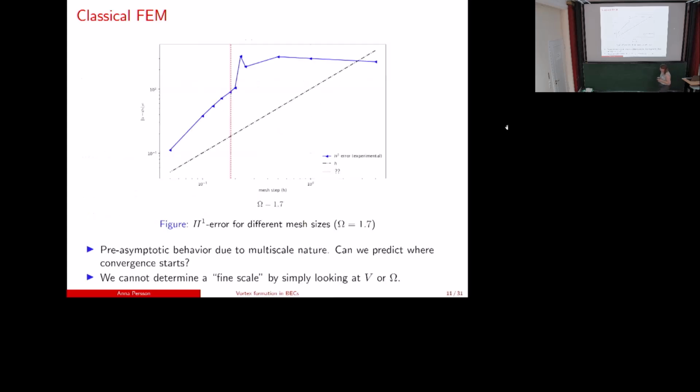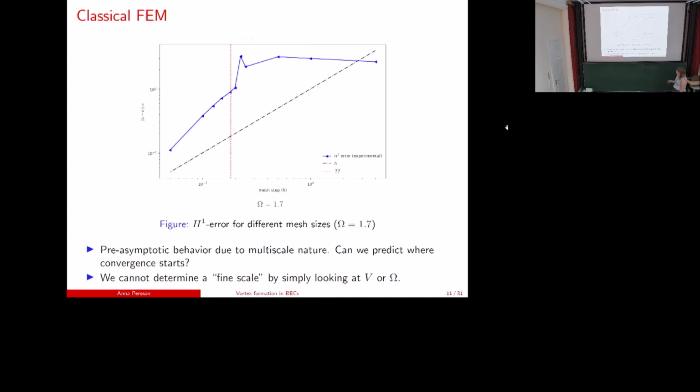Okay, but when I compute for different mesh sizes, this is what my error graph looks like. What we look at here is the H1 error for different step sizes, and a fixed rotational speed. So we start here, and nothing really happens, and then at some point, the convergence starts, right?